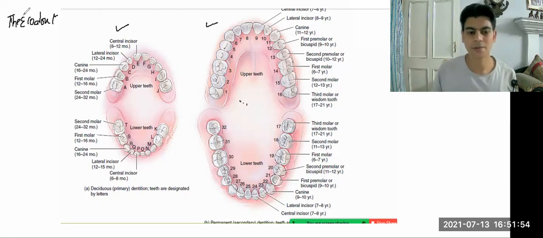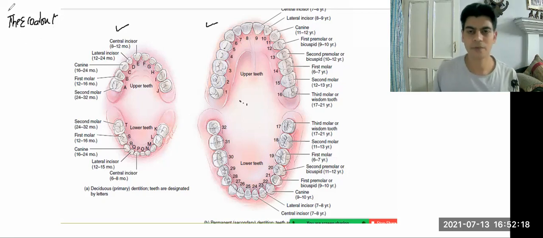The teeth are of different types based on their shapes. Basically, they all have the same structures, which we'll discuss in a moment, but they have different shapes and functions. When we talk about functions of teeth, we are talking about eating food, that is mastication, chewing of food.